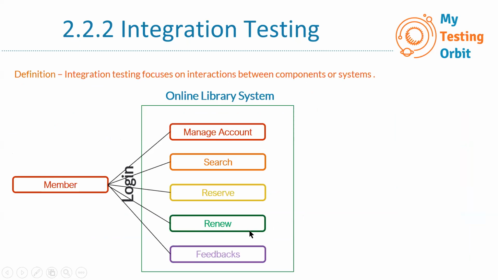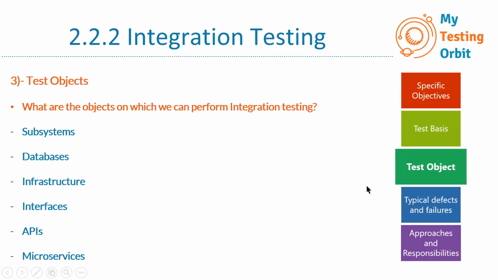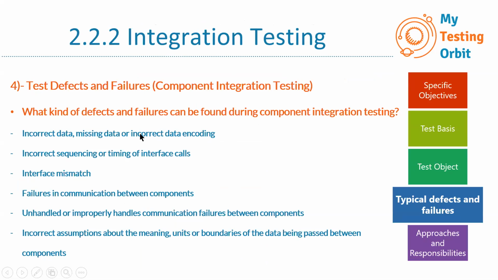But maybe some data is not being updated or retrieved from Manage My Account, which means the data is incorrect or missing. So this would be one example of this kind of defect.